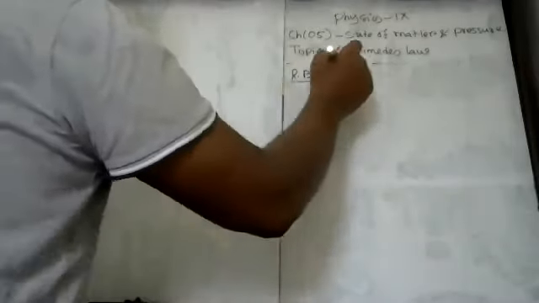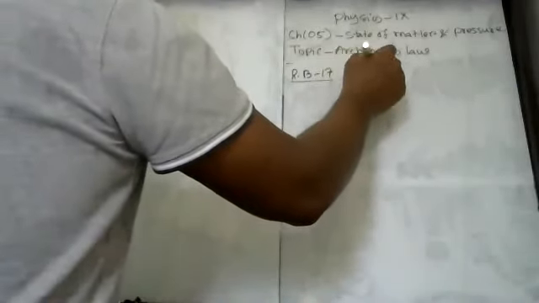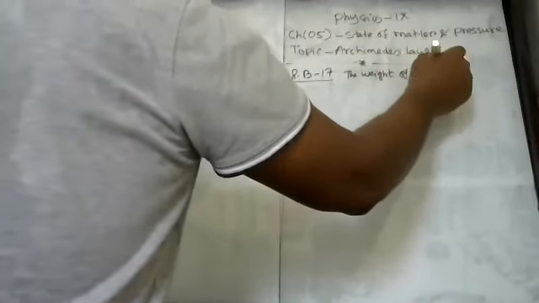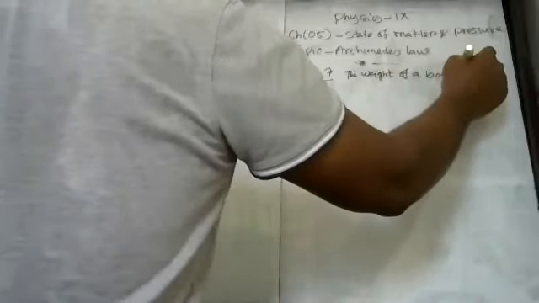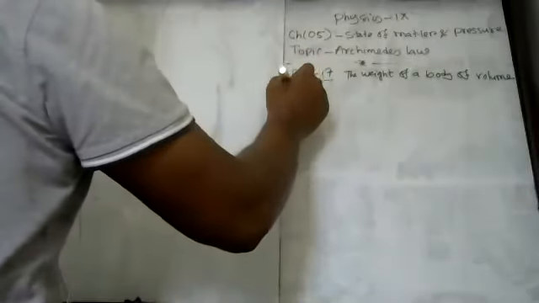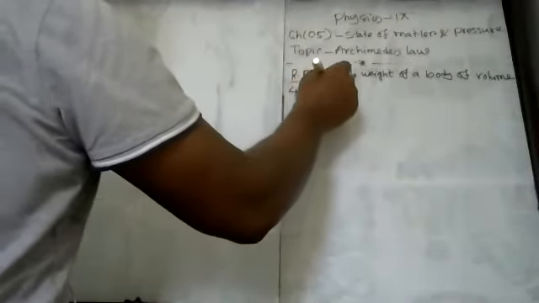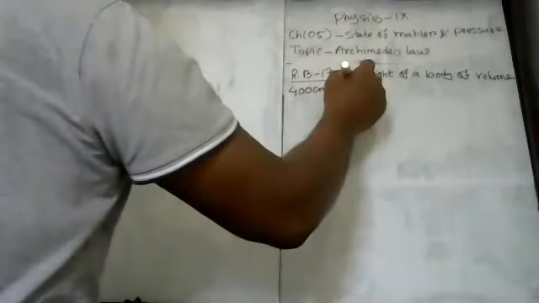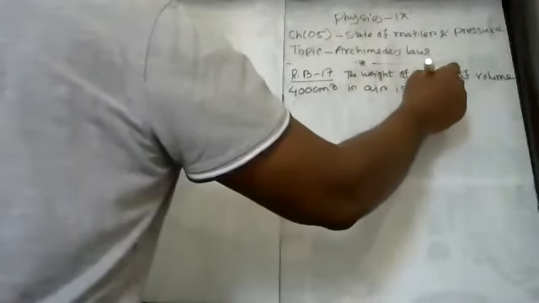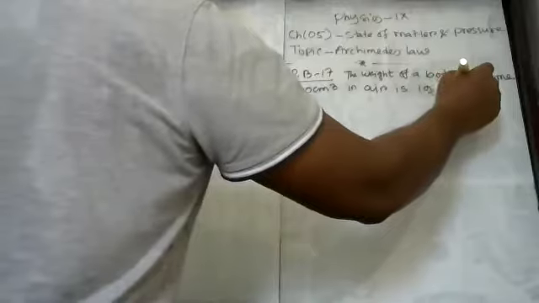The weight of a body of volume 400 centimeter cube in air is 19.6 Newton.